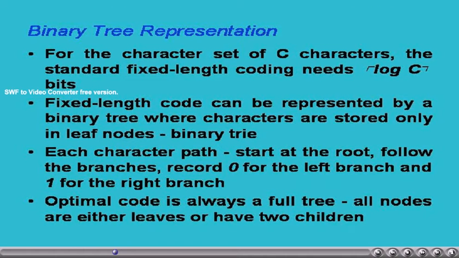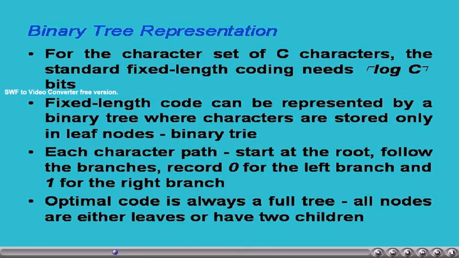We know that for a character set of C characters, standard fixed length coding requires log C bits. Thus, in the previous table, we understood that there are 7 symbols. So, if we assume 3-bit coding for each symbol, we require 3 bits to represent any symbol's code.